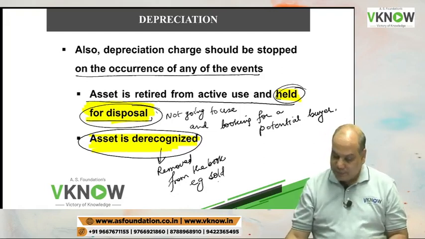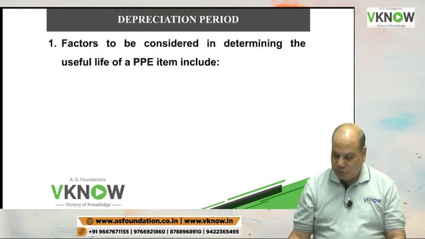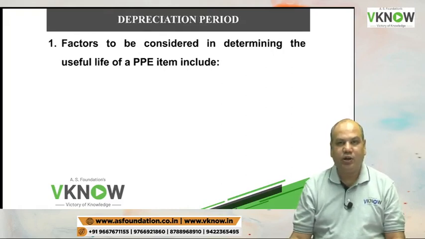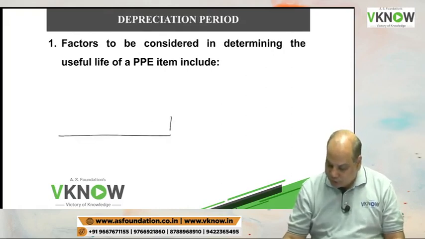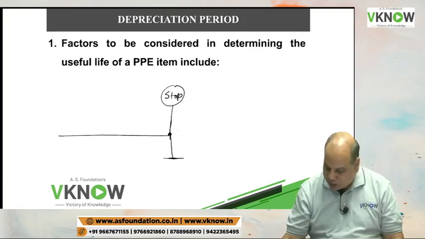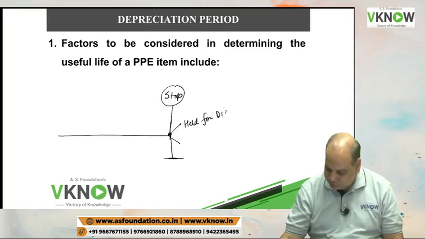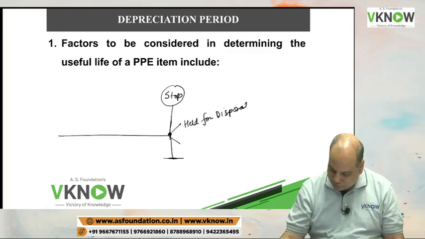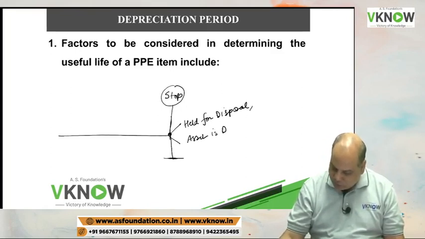Okay. So depreciation meter will stop. Depreciation meter will stop. This is a stop signal. When you meet either of the two, it is held for disposal or the asset is derecognized.